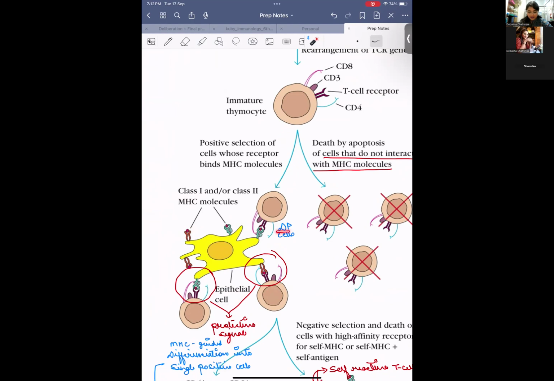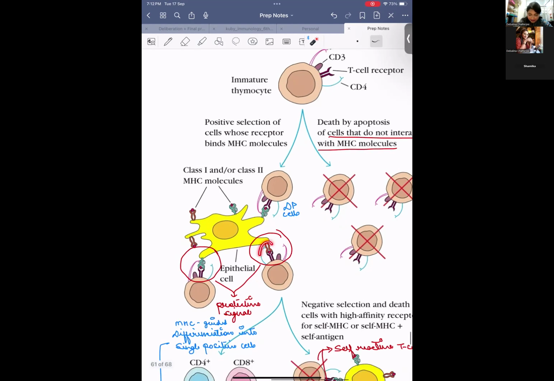Now if the double positive cell can bind to either class 1 or class 2 MHC molecule, this binding that you see here is going to signal protective information to these cells, and they will not be triggered for apoptosis.